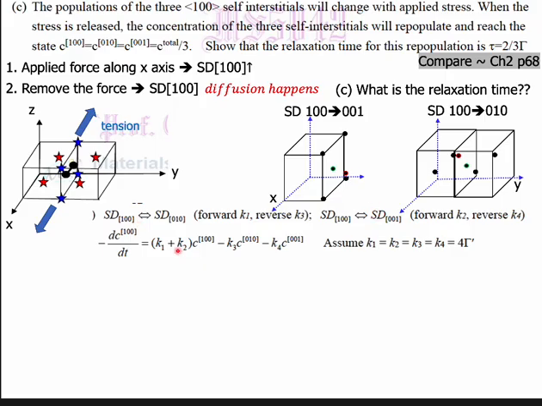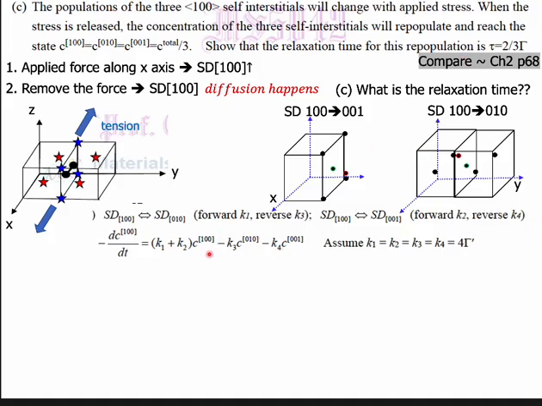Both decrease the concentration along 100. But with 010, the reverse reaction K3 will increase it, so I have plus K3 times the concentration of 010, and K4 also increases, so plus K4 times the concentration of 001. As long as I can solve this equation, I know how the concentration changes with time, and this moment will be the relaxation time.